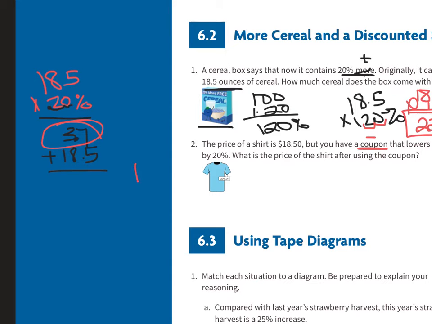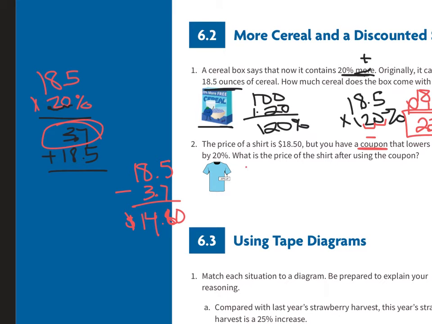So we could go 18.5 minus 3.7 now. But now instead of adding, we're subtracting because we have a coupon. So if we go 18.5 minus 3.7 in a calculator, I get 14.8. Now we're talking money, so we're going to add a 0 there. So the new price of the shirt is $14.80.